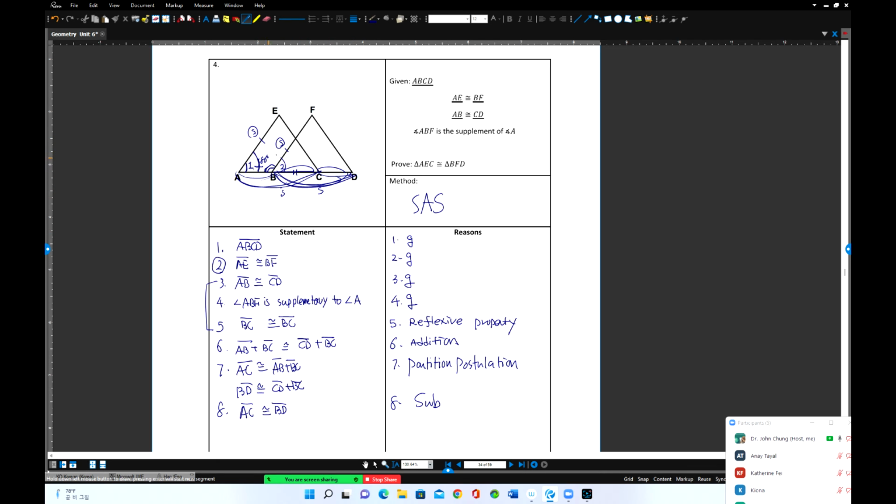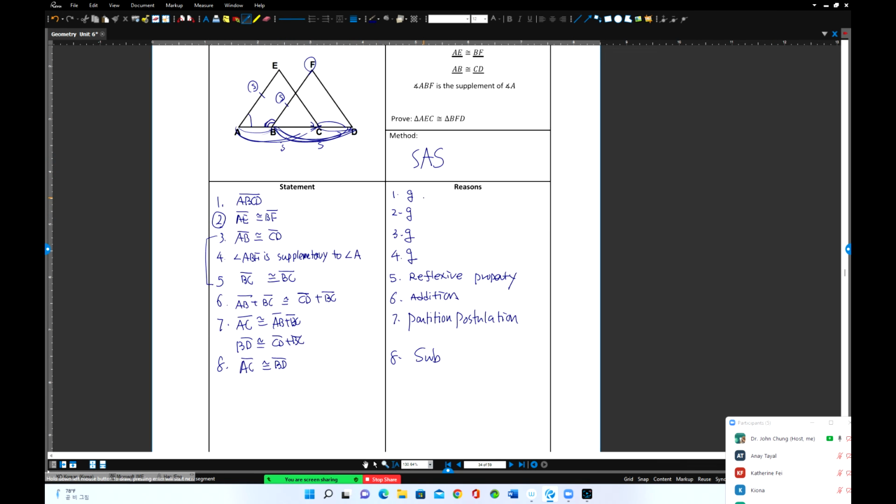Now, we're going to say these two angles are congruent, okay? Angle ABF and angle A. I'm going to use angle A. This one I'm going to call angle 2, FBD. That's fine. Can you see that?